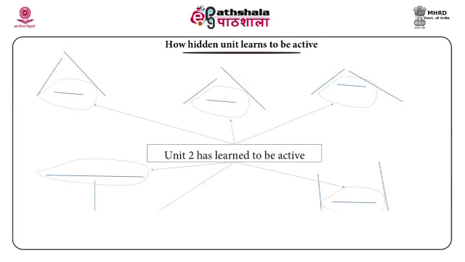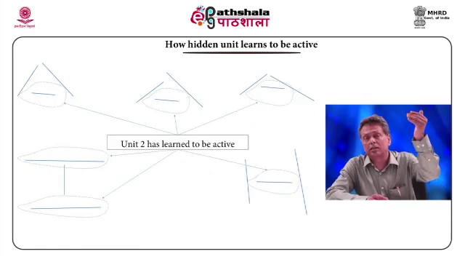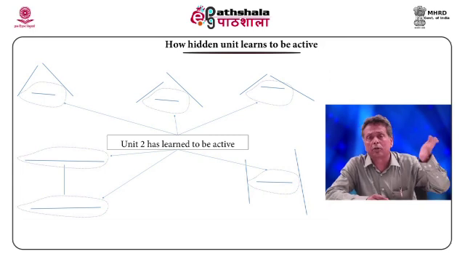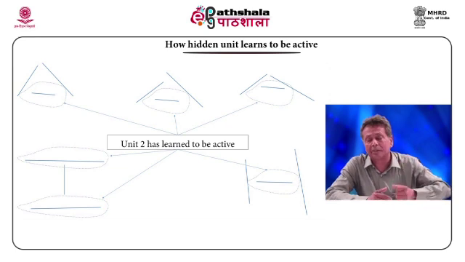One more hidden unit learns to become active when the line is going down from left to right. The third unit will learn to become active when the horizontal line is present. You can see in the second slide that the hidden unit which learns to be active when there is a horizontal line also learns to be active when there is I and there is H. Okay. So, it is possible that different hidden units learn to remain active when a typical feature is present in the image.